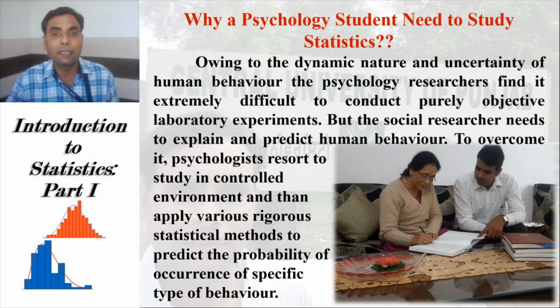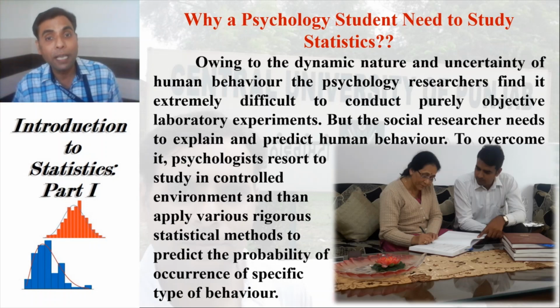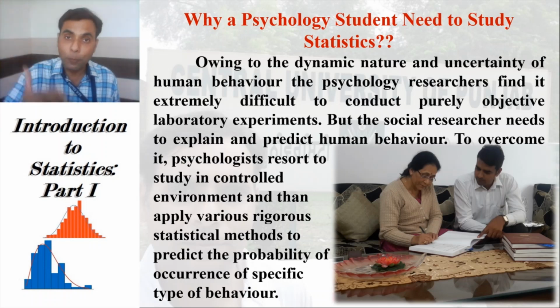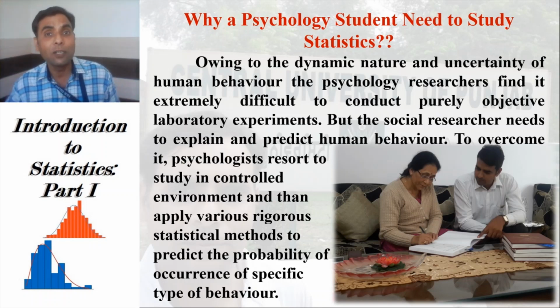So what to do there? The social researcher needs to study and explain human behavior, and to explain and predict human behavior, it is very pertinent that the researcher does experiments in the laboratory in a controlled environment.